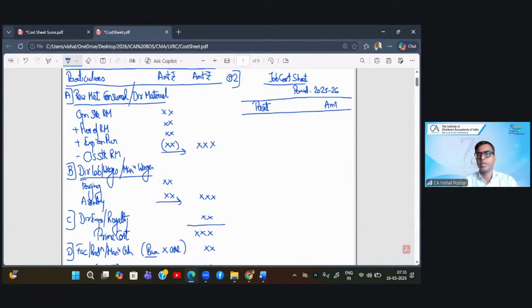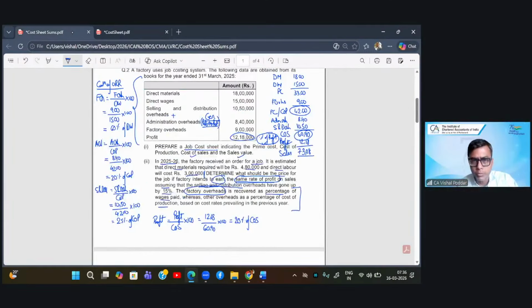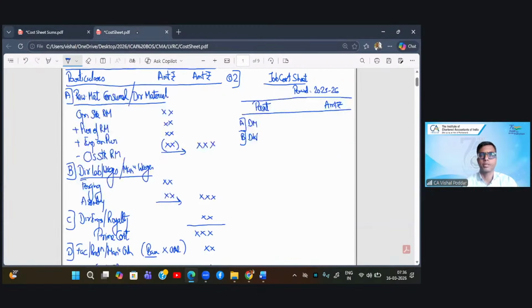Now there are no details to be written in inner column, so I'm simply preparing the outer column. So I have direct material, I have direct wages. So what are the figures? So direct material is 480, direct wages is 3 lakhs. So my prime cost.